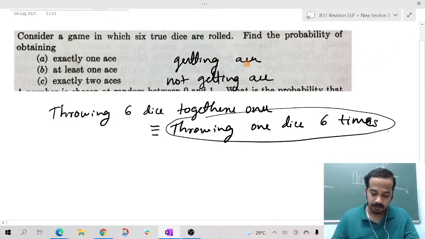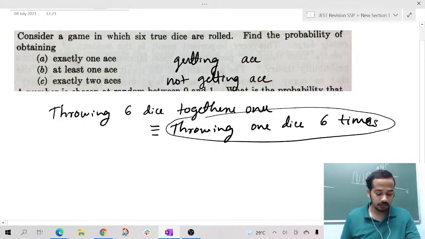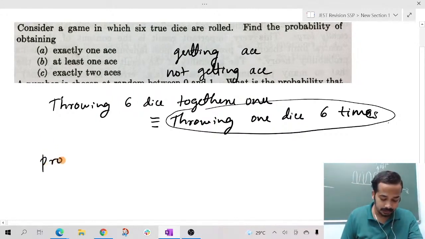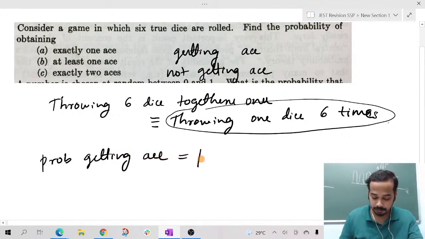Now look at here. So getting ace, not getting ace, am I right? We are talking about this one. So what I do here is I'm throwing one die 6 times. Each time when you throw, you have two possibilities. You have probability of getting ace, let me call that one P, success.